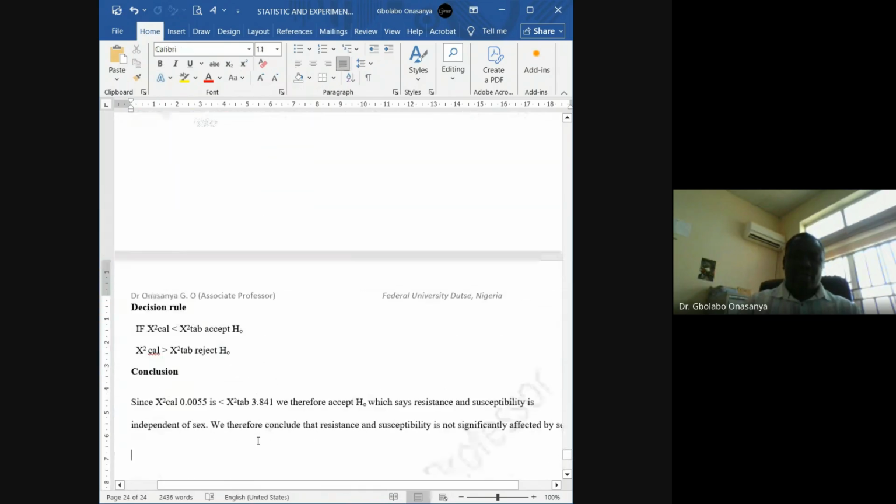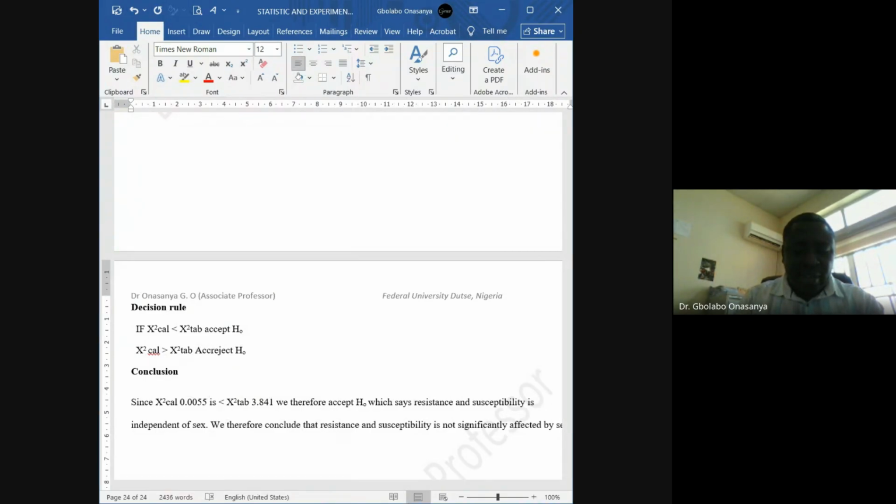Our decision rule is this: if X calculated is less than X tabulated, we accept the null hypothesis. But if X calculated is greater than X tabulated, we do what?